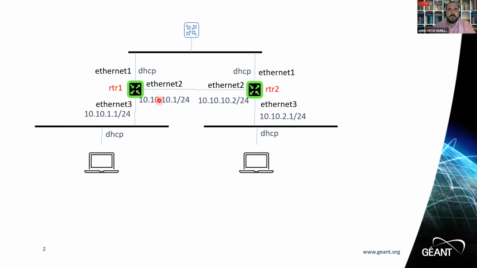Then we will put some addressing here to have this connection between both of them, and it will be the one used to create the tunnel between them. And then we will have, of course, some DHCP for these guys. So we are going to configure also a FreeRtr as DHCP server.